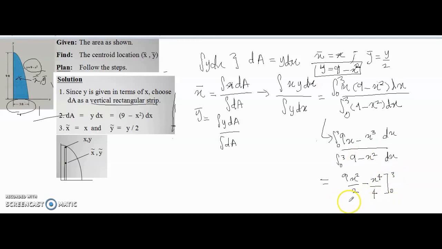Same for the denominator: 9x minus x cubed over 3, also integrated from 0 to 3.